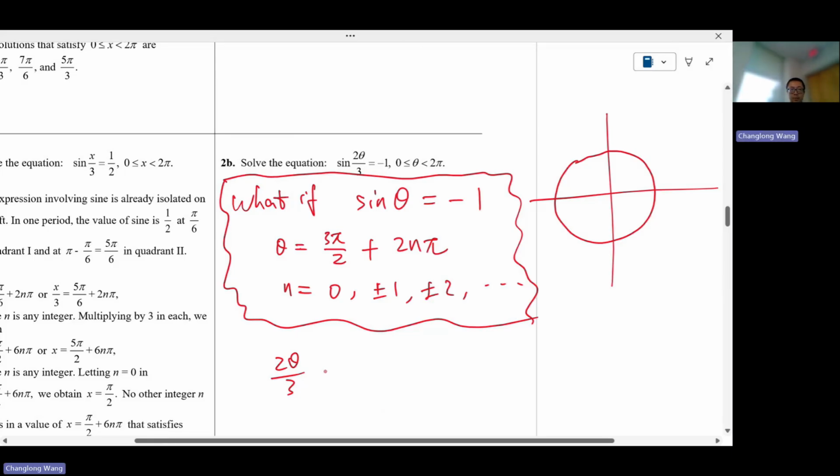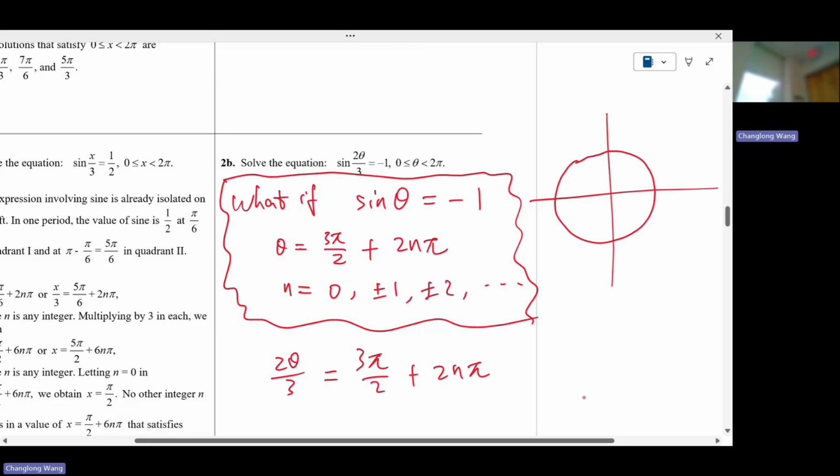So is it okay if I just put 2 theta over 3 equals 3 pi over 2 plus 2n pi? I know that's confusing because the theta here is not the same as the theta over there. You guys notice the difference?